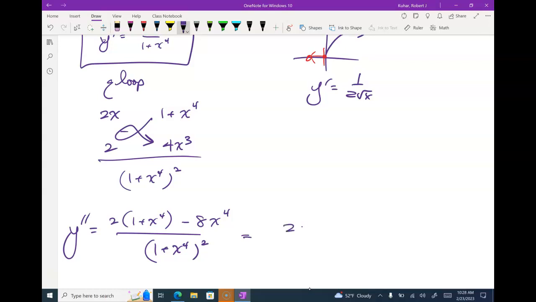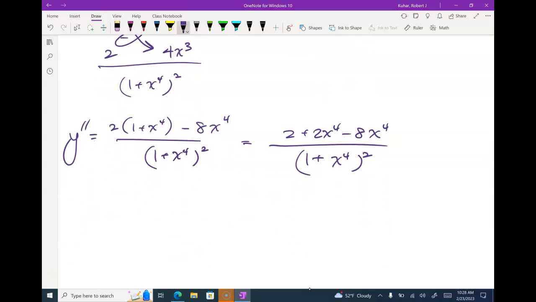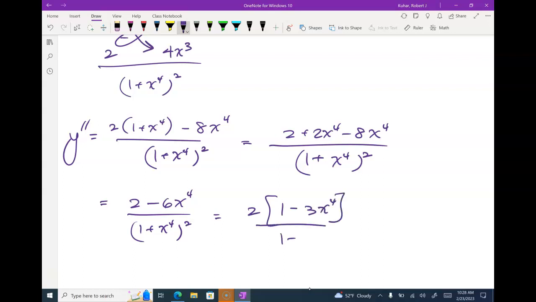I get 2 plus 2x to the fourth minus 8x to the fourth, all over 1 plus x to the fourth quantity squared. So what do I get? 2 minus 6x to the fourth. If I factor out another 2, I get 1 minus 3x to the fourth. It's not pretty, but it's all right.